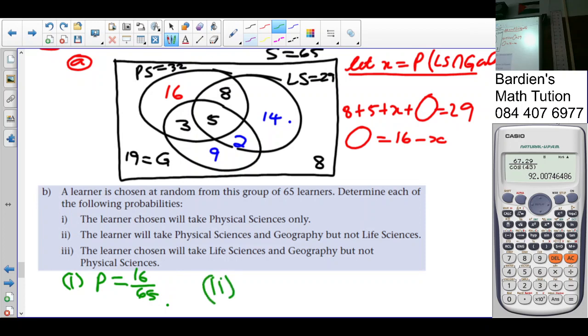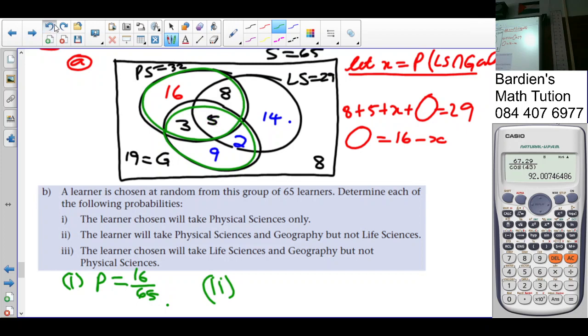The learner will take physical science and geography, but not life science. Physical science and geography. And means overlap. Not so? But not life science. So they're taking that 8, that 5 also out. So what are we looking at? 3.